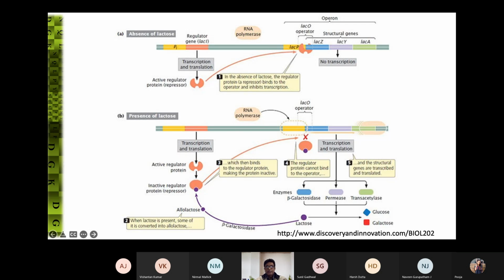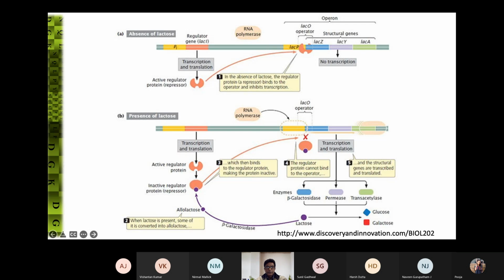So normally what happens is, especially in E. coli and the bacteria, they would prefer to have other sources of carbon, preferably glucose, to be utilized, preferred over other carbon sources for cell energy, right? Now here what happens is, if you have no glucose present but you have lactose present, that's when this starts working.